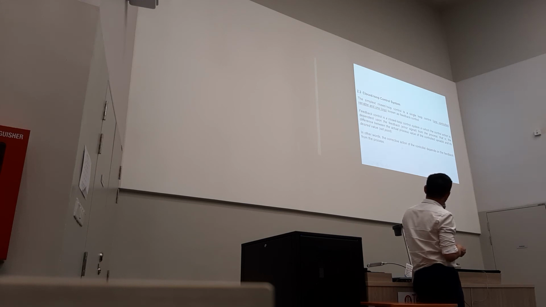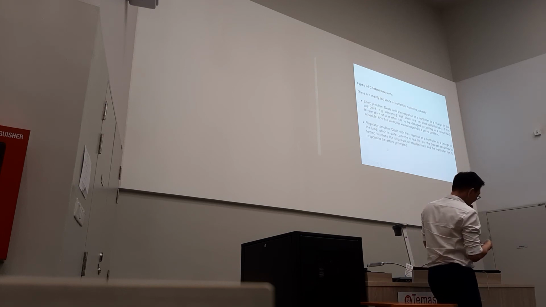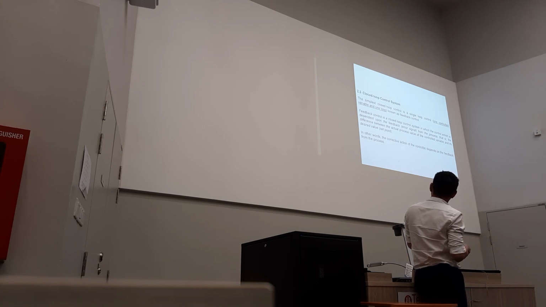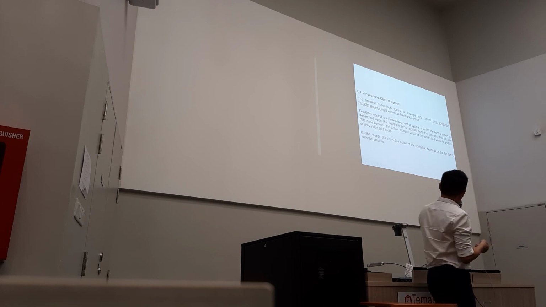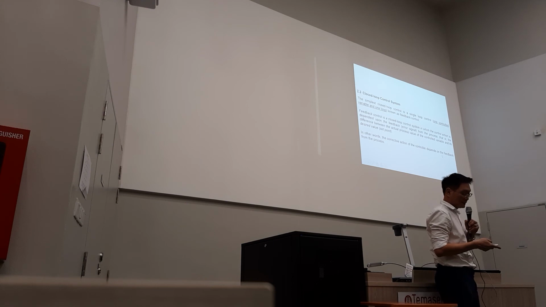In other words, the corrective actions of the controller depend on the feedback. A very long definition, but just bear in mind that in feedback control, we have something sent out, compare it with the set point and generate an error. The error is sent to the final controller for the changes. Whatever corrective action is sent out from the controller is fed back to the system.